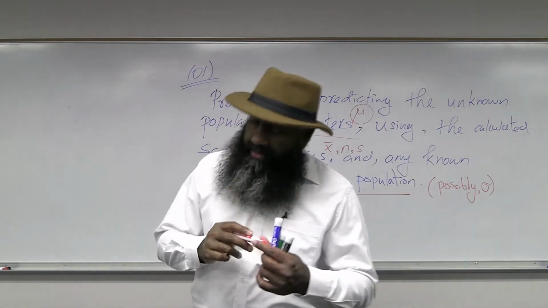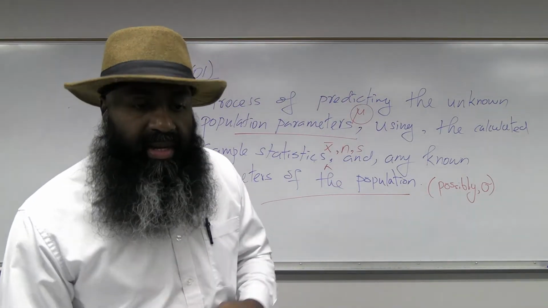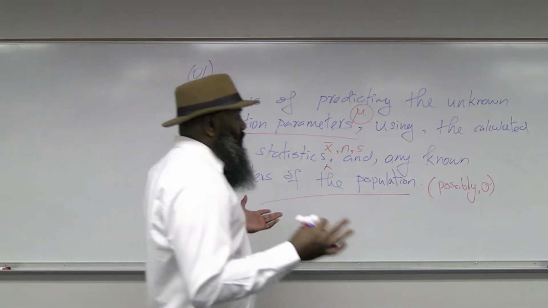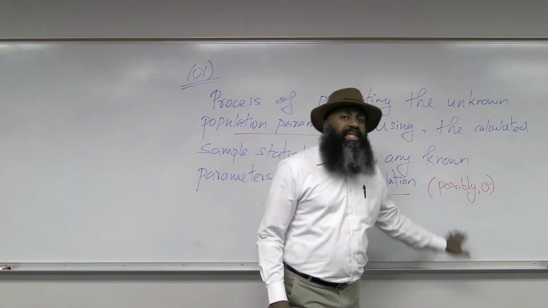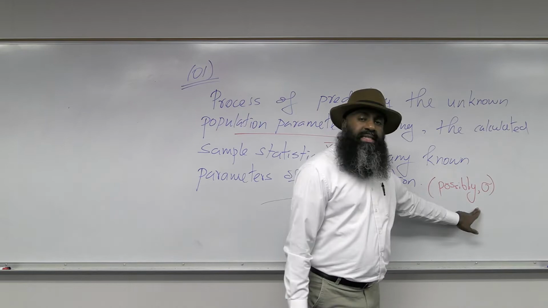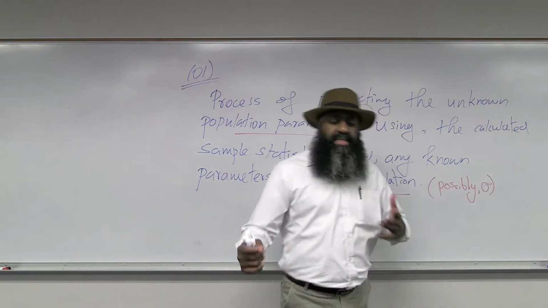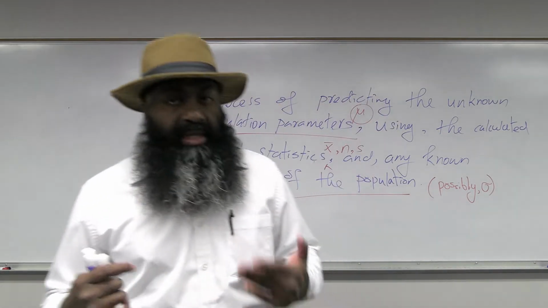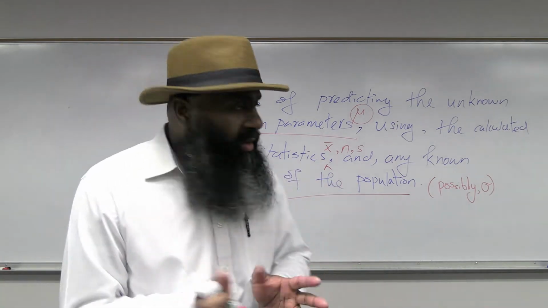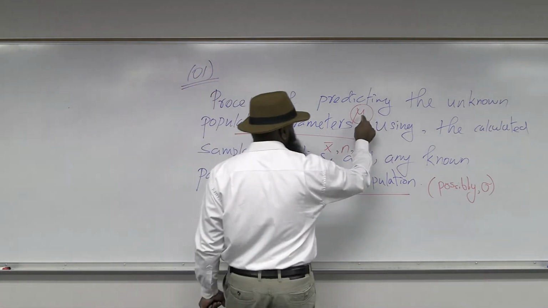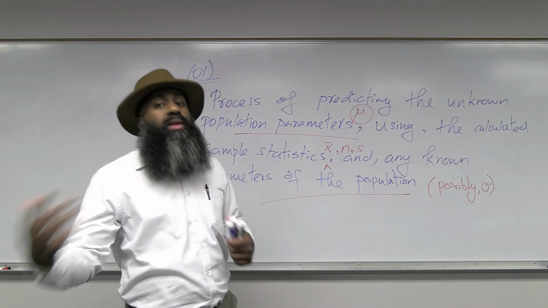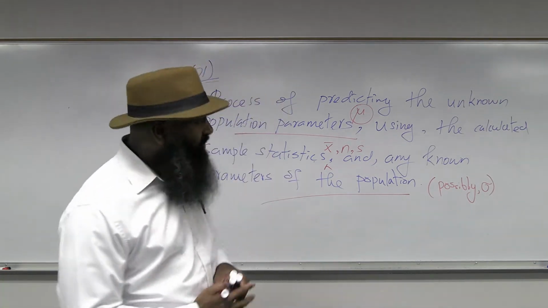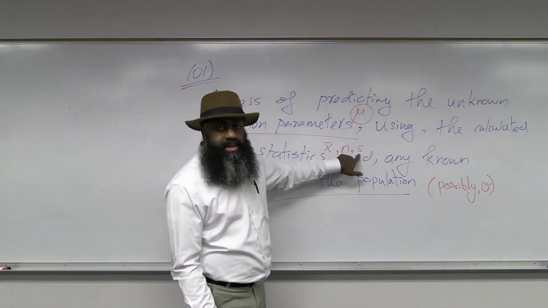The lowercase sigma. Lowercase sigma stands for the true standard deviation. So not for all the cases, but sometimes sigma is available to us. When sigma is available to us, it actually has more information to predict mu. When sigma is not available for us, we will have to use the sample standard deviation.